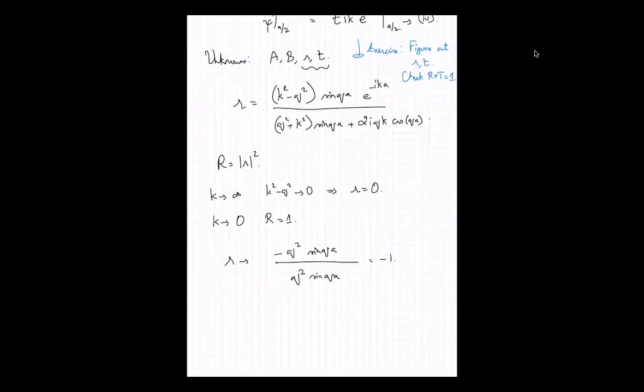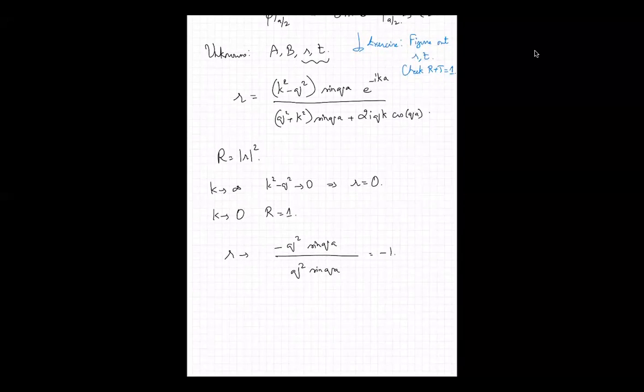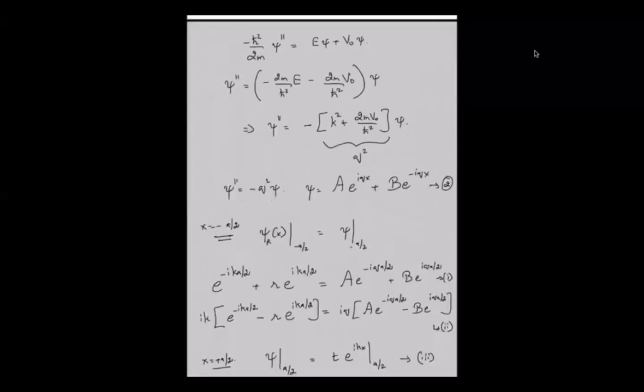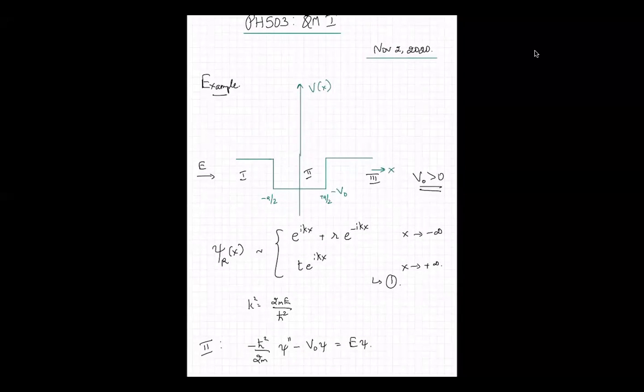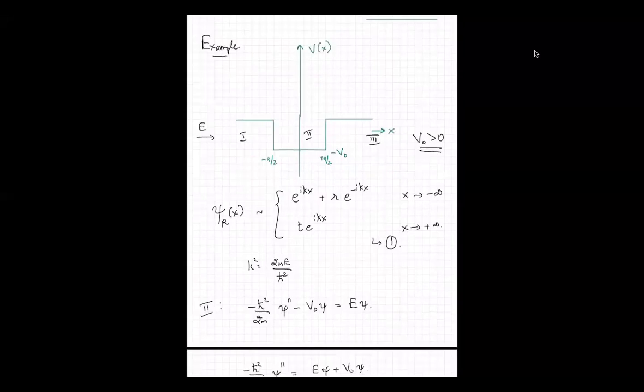Similarly, I encourage you, even though I will not force you, to solve the same problem looking at scattering from the right. So instead of throwing the particle from the left, in which case my solution is e to the ikx plus r e to the minus ikx of this form, we can also look at scattering from the right.